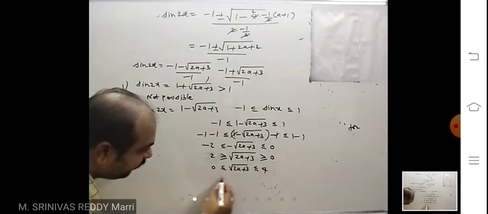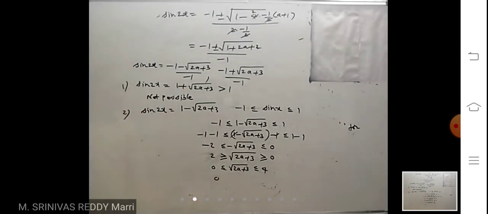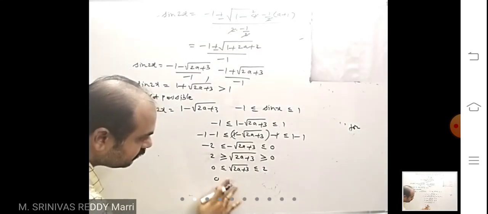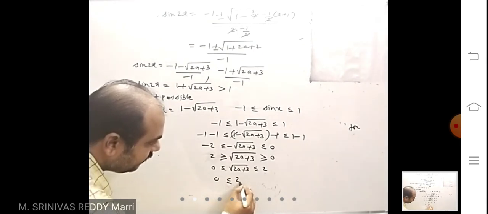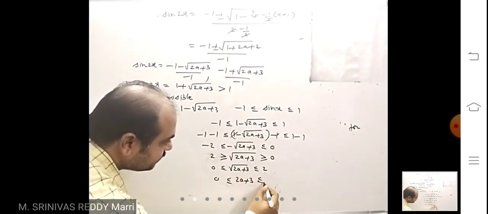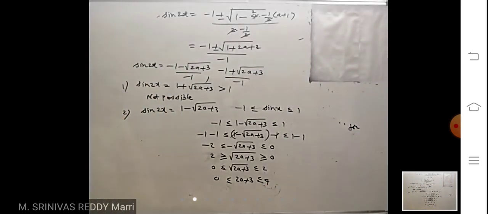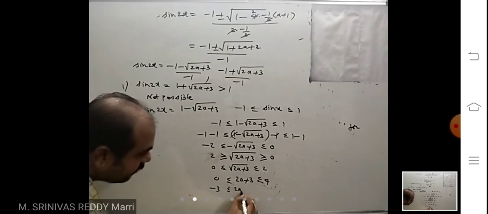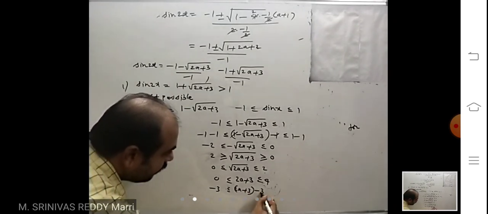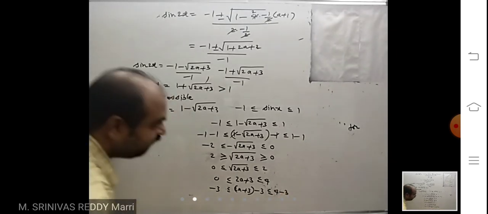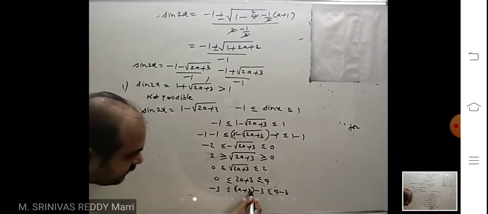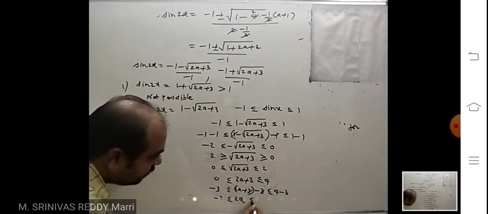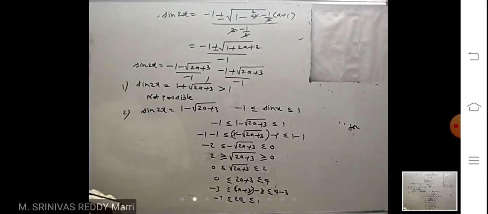Now squaring, I will get 2a plus 3 less than or equal to 4. Now add minus 3: the 3 gets cancelled. Minus 3 is less than or equal to 2a, which is less than or equal to 1.